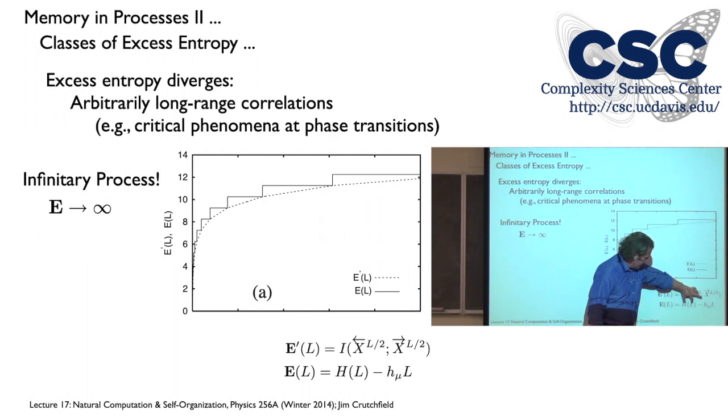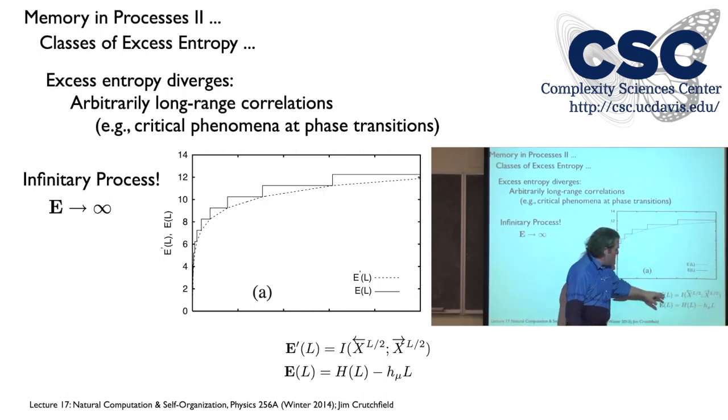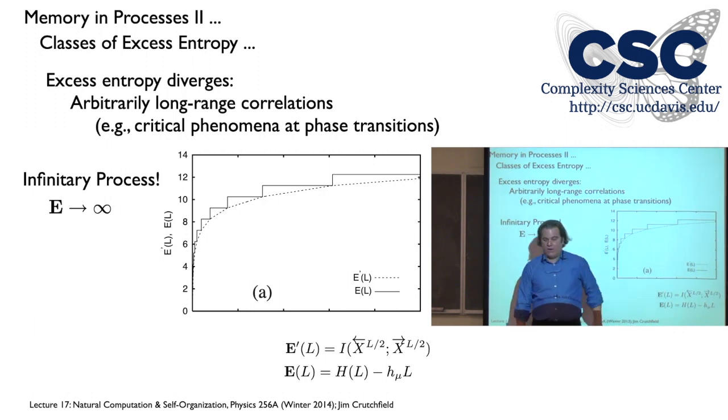So just the difference between the block entropy and this memoryless source minus H mu L. Or I can look at a block of length L and then look at a past of L over 2 and a future of L over 2 and then calculate that joint distribution. And then from that calculate the mutual information between them. So that's what E prime is.